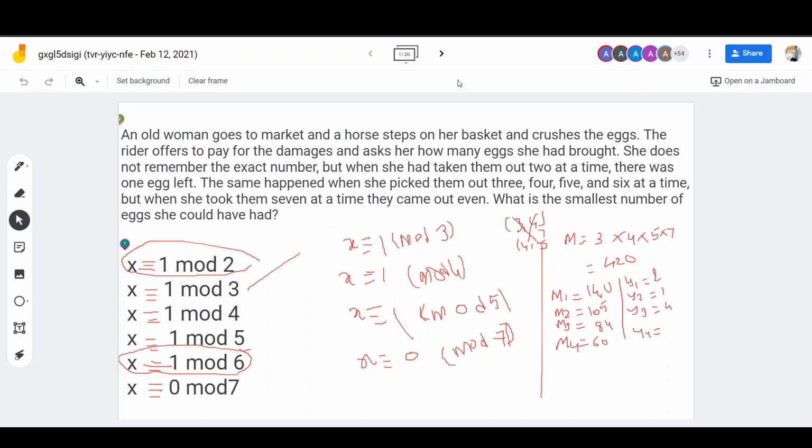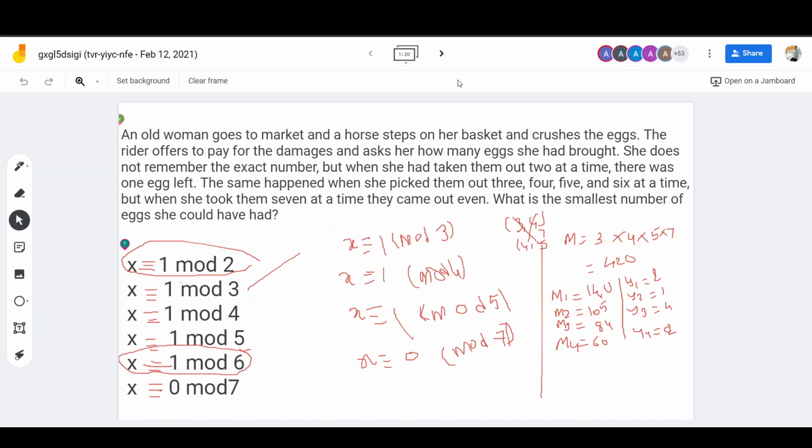So that's 4. And here, 60 inverse means 4 inverse we need to find. 4 inverse means 2 into 4 is 8, so 2 is the multiplicative inverse value. Clear? So these are the values which we find.